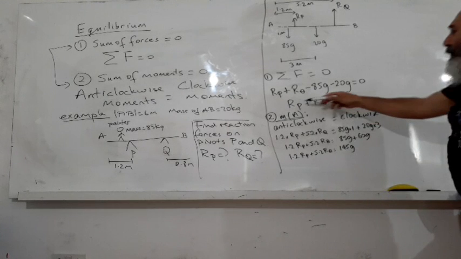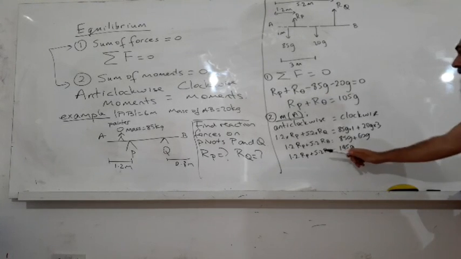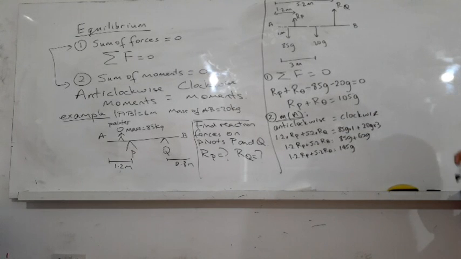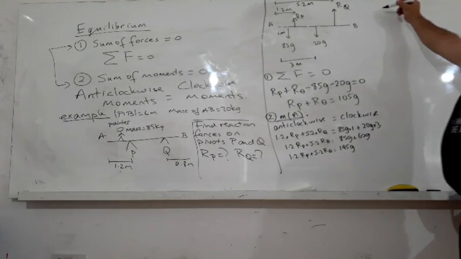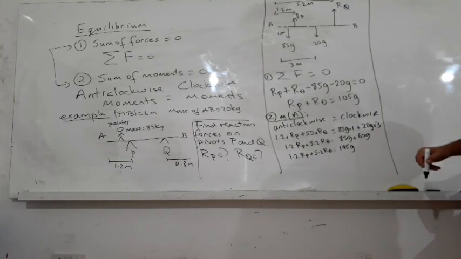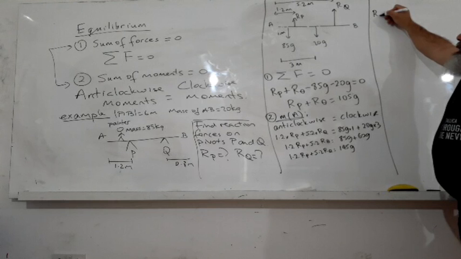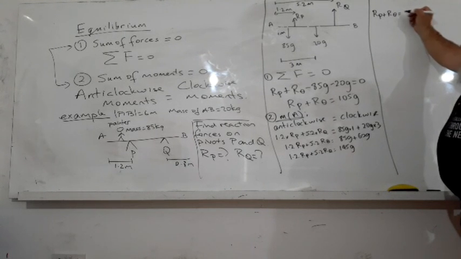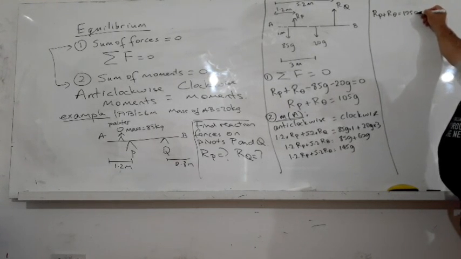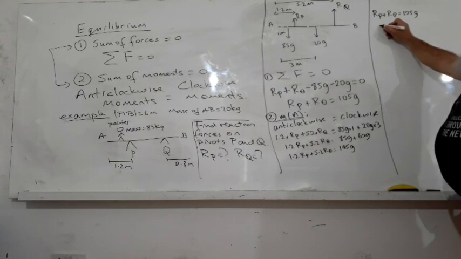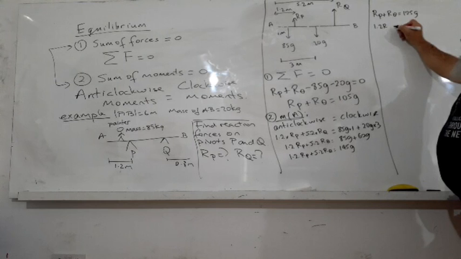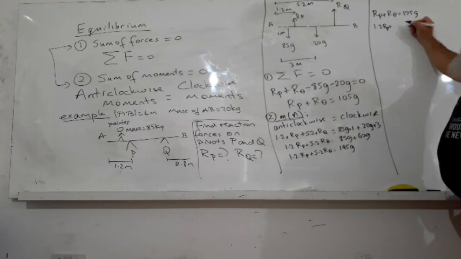Now we have two unknowns and two equations. How are we going to solve them? We are going to solve them by simultaneous equations. RP plus RQ is equal to 105G. 1.2 RP plus 5.2 RQ is equal to 145G.